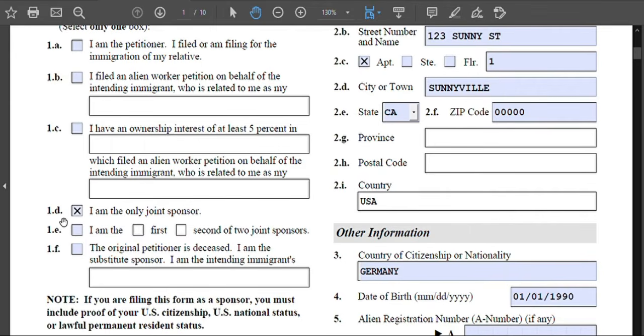So this is the only time you would select whether or not you are a first or second of two joint sponsors. But generally speaking, option 1D is the most frequent option.